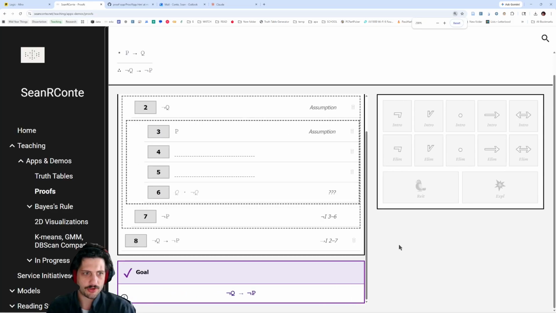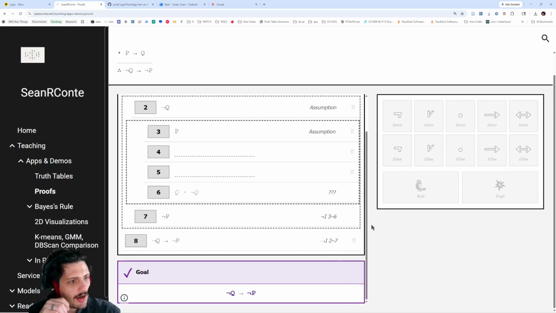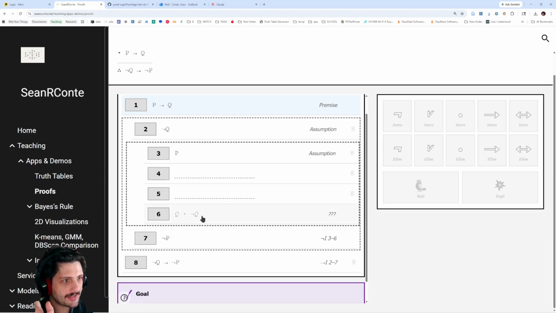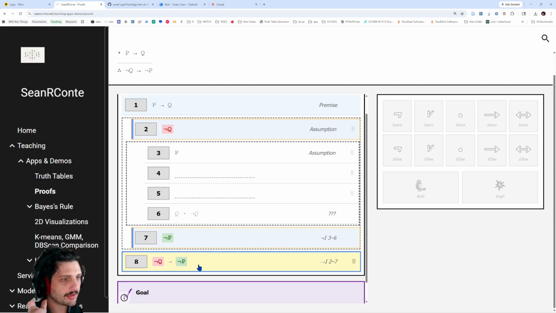Let me zoom out just slightly so you can see this a little bit better. So the idea is we have this nested subproof. How am I justifying that not Q entails not P? Well, I started a subproof that starts with not Q and it ends with not P. How I fill that in is just another question I need to answer.